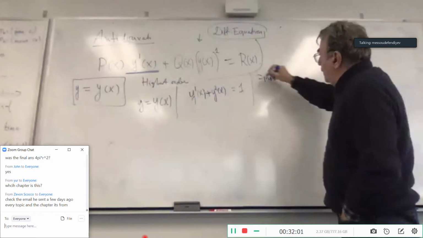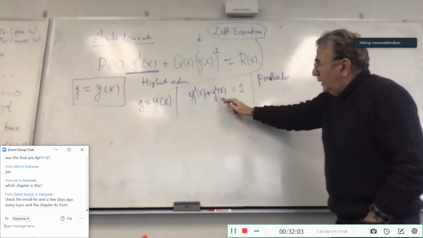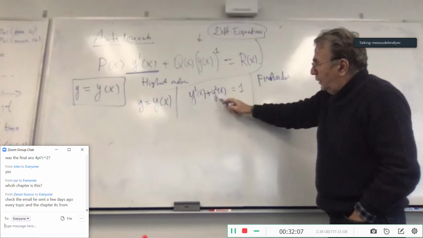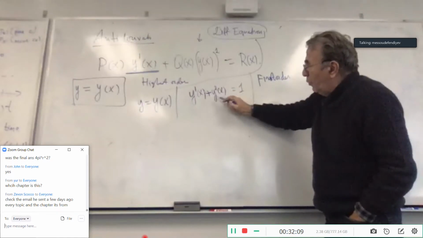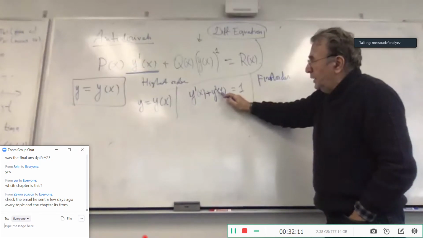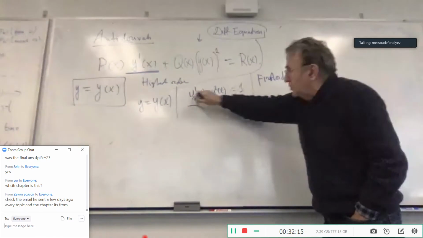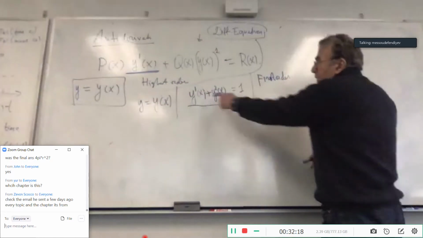But it is nonlinear, because the power of the unknown function is strictly more than 1. So this equation is called nonlinear first order.